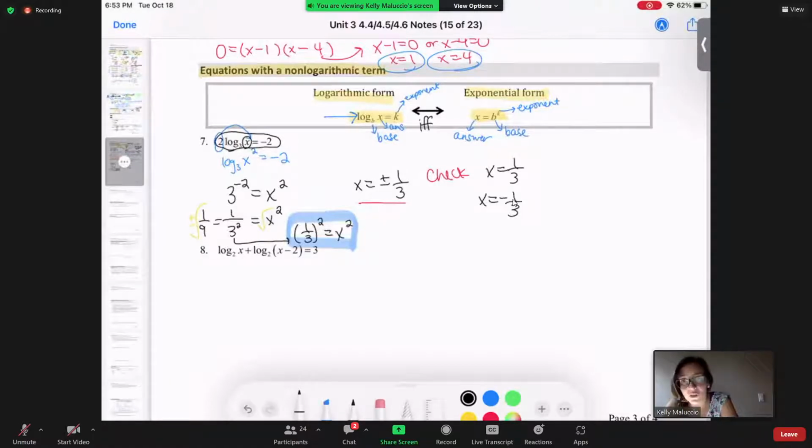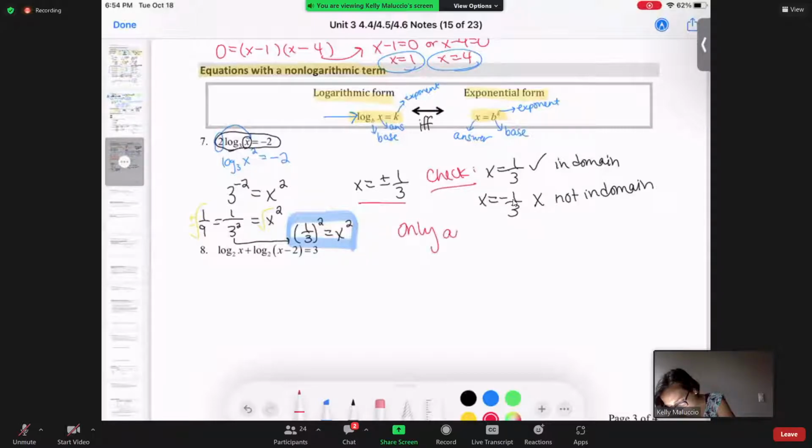Is 1/3 in the domain? Check, in the domain, good to go. Is -1/3 in the domain? Absolutely not, not in the domain, not good to go. So I would say our only answer is x equals 1/3.